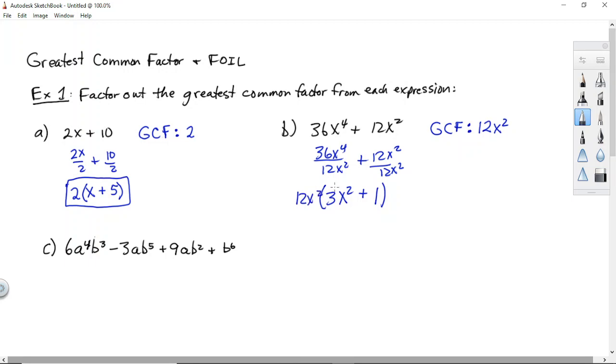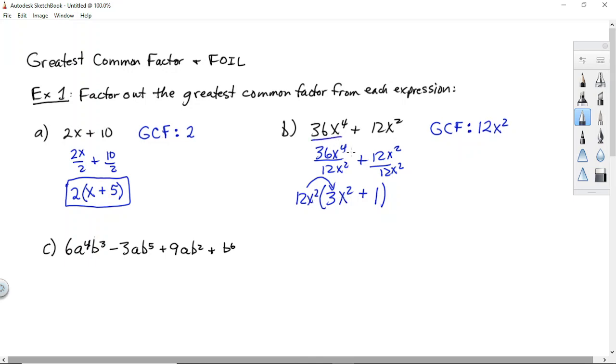And again, the thing is just screaming at us, check me, because it wants to be checked. It's very easy to check this, so let's do it. We take 12x squared times the first term, and 12 times 3 is 36. And then x squared times x squared is x to the fourth. So that part checks out.